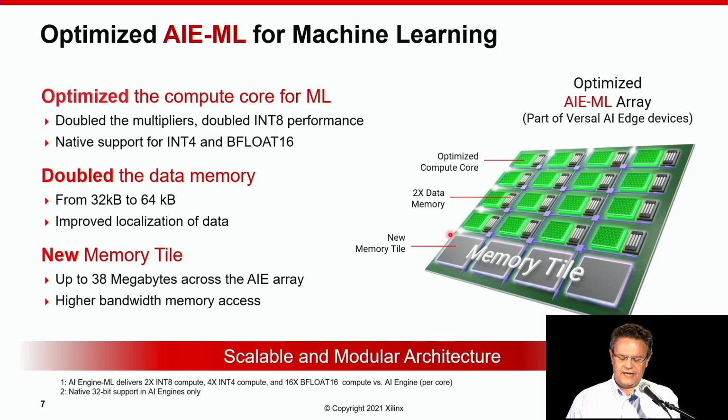Finally, and this is a completely new tile that is part of this AI/ML architecture, is this new memory tile. One memory tile basically integrates half a megabyte of SRAM, ECC protected, and includes data movers to interface to the compute tiles and to the Xilinx network on chip.